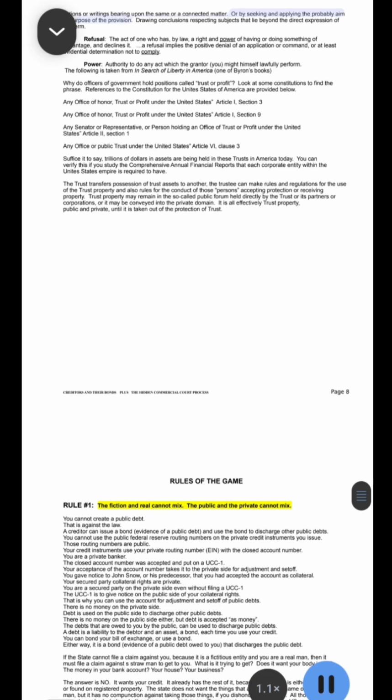Or by seeking and applying the probable aim or purpose of the provision. Drawing conclusions respecting subjects that lie beyond the direct expression of the term.